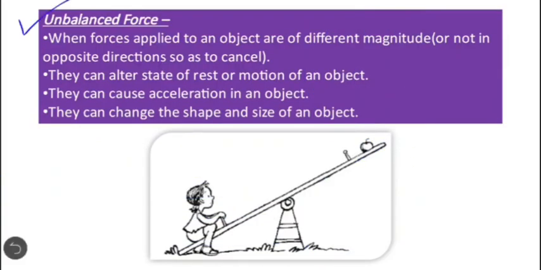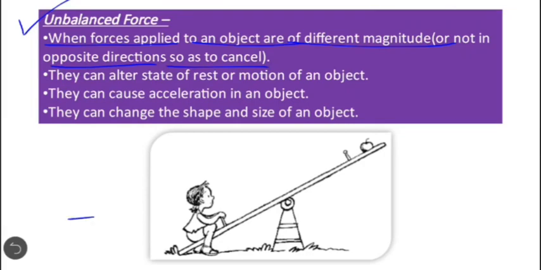Now the next term is unbalanced force. When forces applied to an object are of different magnitude or not in opposite directions so as to cancel, it means when two different forces are applied on an object and they are not in opposite directions, then the force on the object is known as unbalanced force.